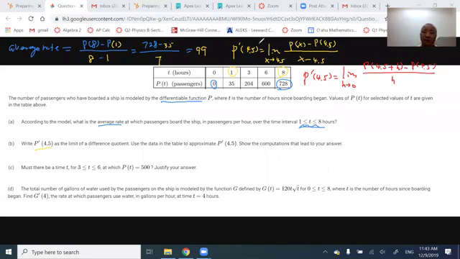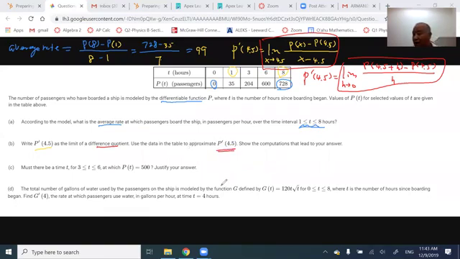Either way is fine. Either this one is fine or this is fine, okay? Now, so you find the difference quotient. We did find the limit of the difference quotient. We found that already. And then use the data table to approximate.